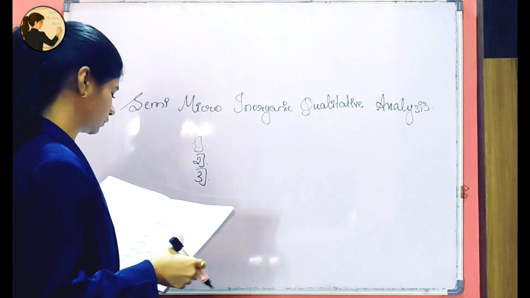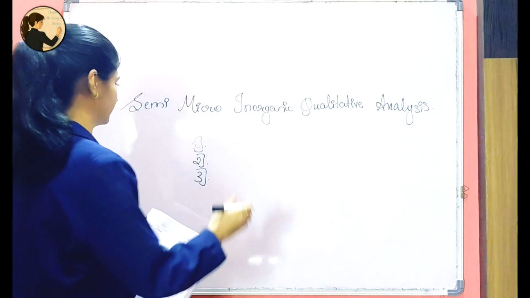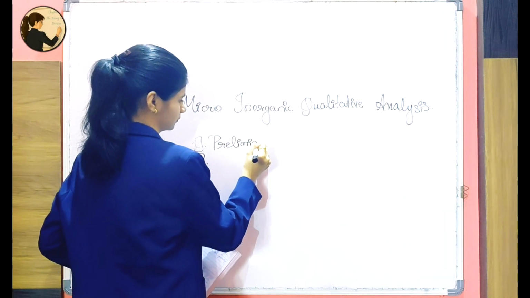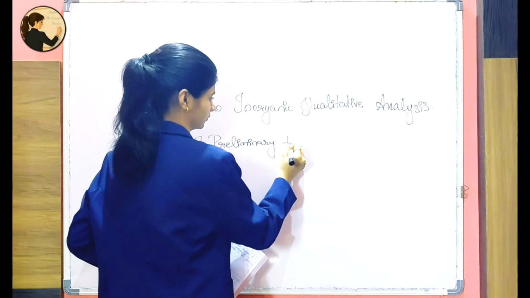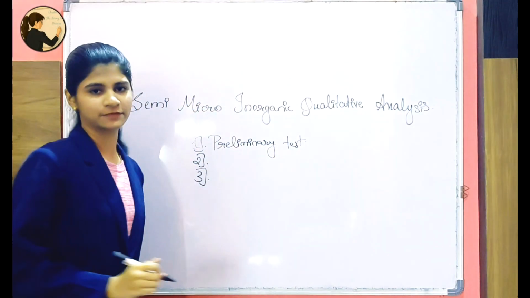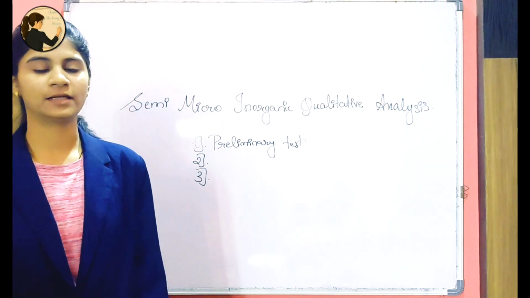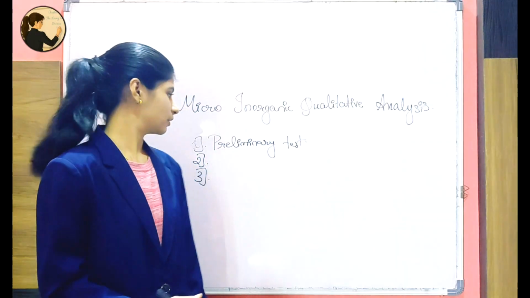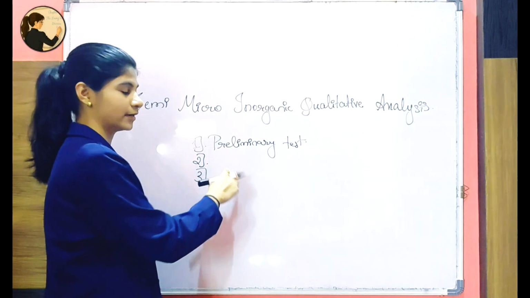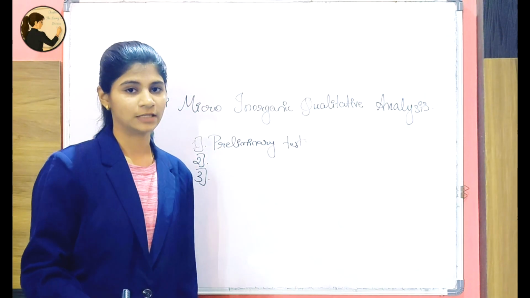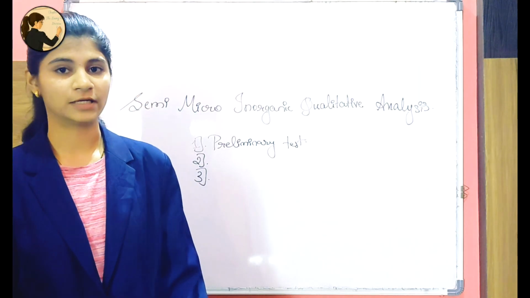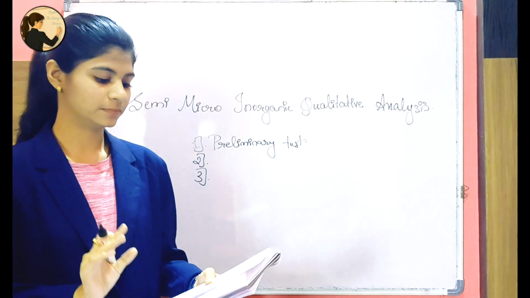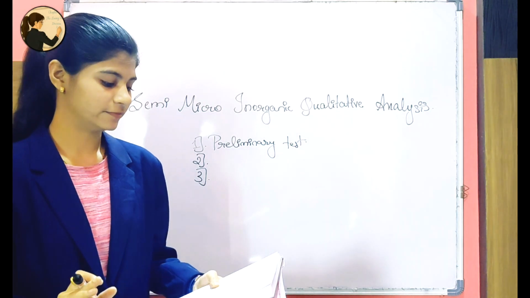First it will be the preliminary test. This is a really basic test. If you skip this step and go to another step, you will miss out all the points, you will not understand anything, and you will not get the marks. So the preliminary test is really very important.